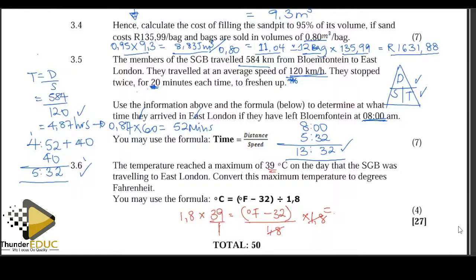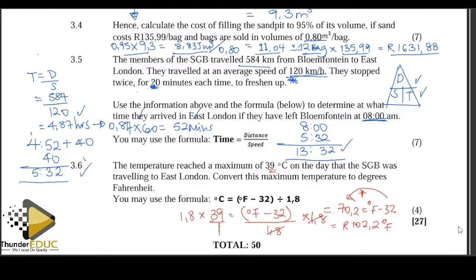You have 70,2, which is equivalent to F minus 32. Now, the 32 jumps over here, becoming a plus. So when you add on, the answer became 100.